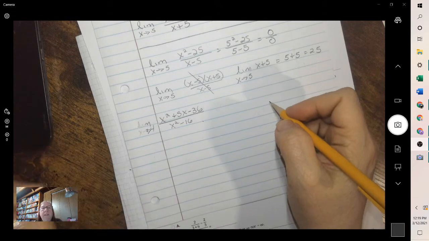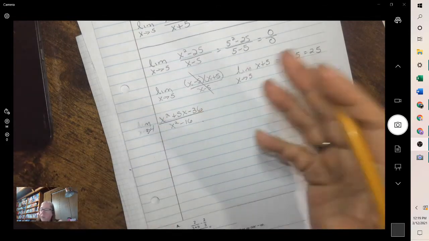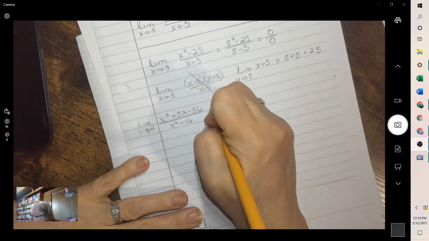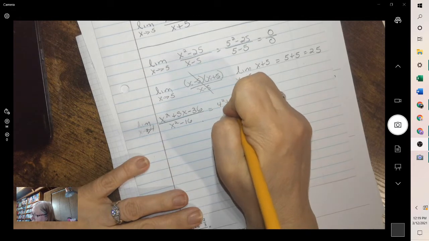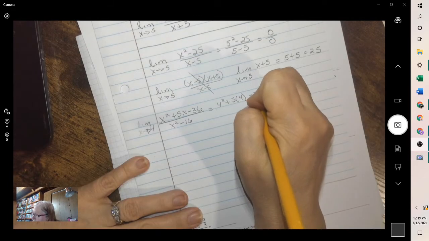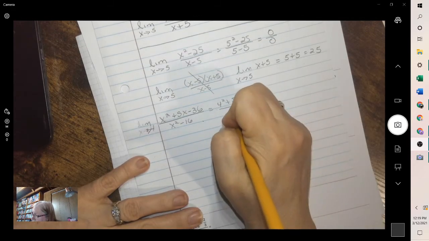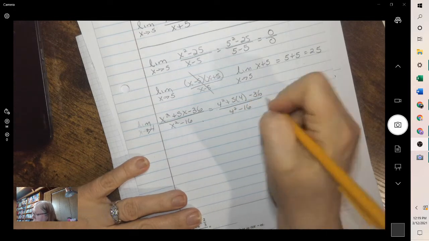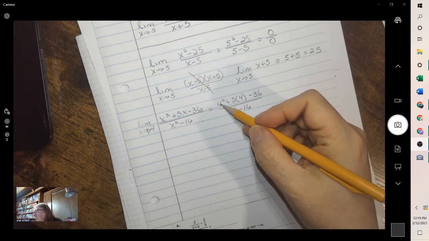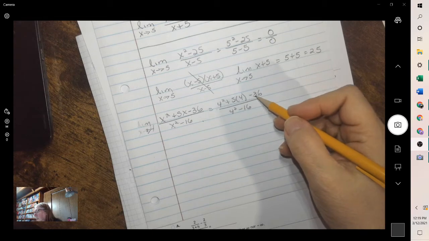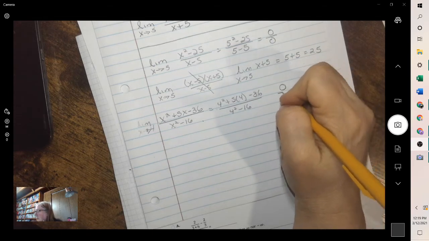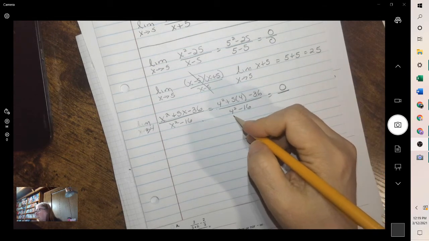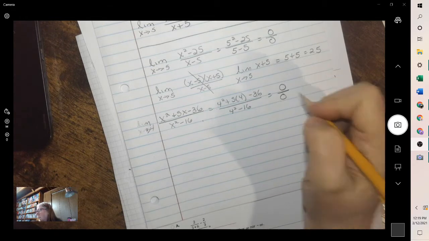That's the limit as x approaches 4. So first thing, plug in 4 and see what happens. So 4 squared is 16 and 20 is 36. Minus 36 is 0 over 4 squared is 16 minus 16, 0.